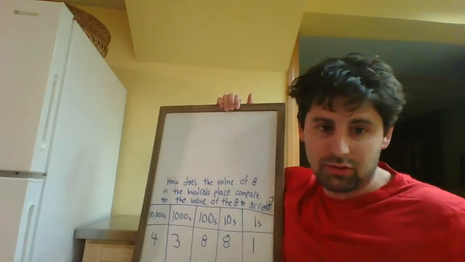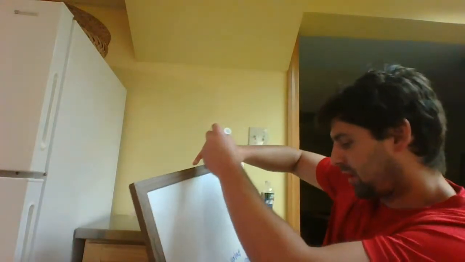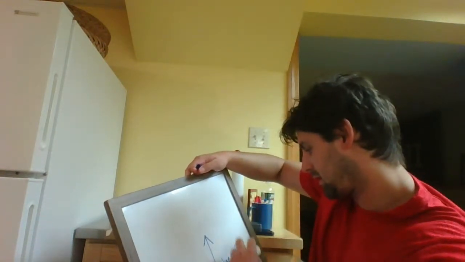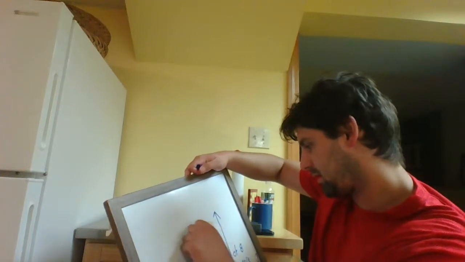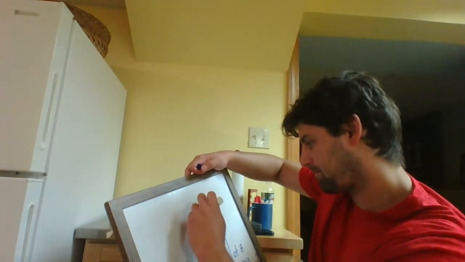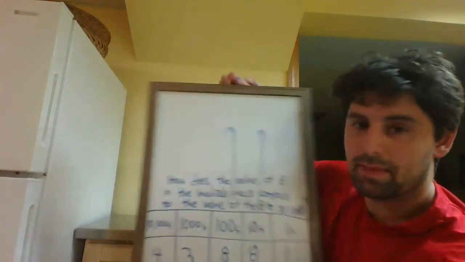The value of 8 in the hundreds place: 100, 200, 300, 400, 500, 600, 700, 800. So I'm going to draw an arrow up here. So how does it compare?